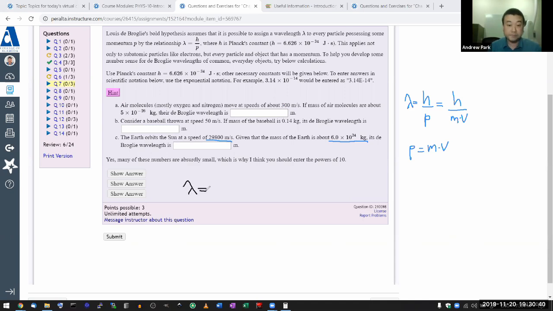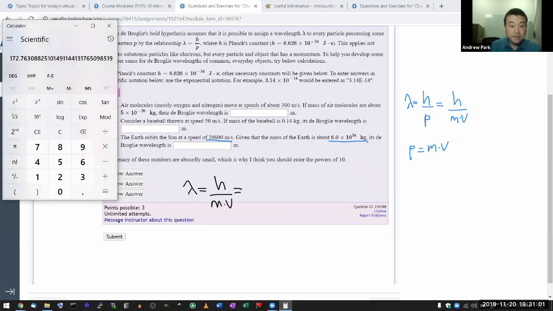My wavelength is equal to Planck's constant divided by mass times the velocity of the object whose de Broglie wavelength I'm measuring.